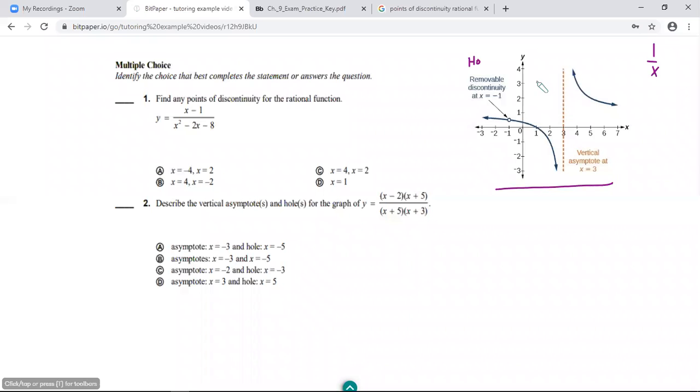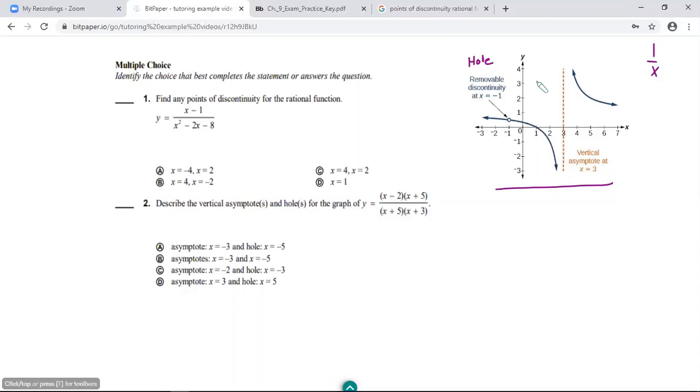A hole is where you get an expression in the denominator that's equal to 0 that cannot exist because it's undefined at 0. So we call that a hole. At that particular point, the graph just cuts off, skips that point, and then continues on. These are the two types of discontinuities we will be looking for in these two problems.